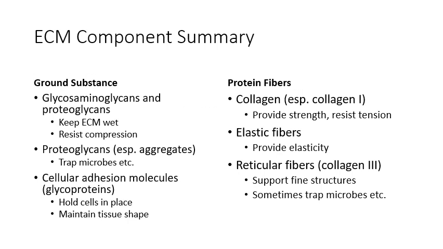So here's a summary of our components of the extracellular matrix. You have the ground substance and the protein fibers. The ground substance being sort of the small things in the foundation of the extracellular matrix, and the protein fibers being larger fibers that run through it. So in the ground substance, you of course have your small stuff: water, ions, nutrients, stuff like that.